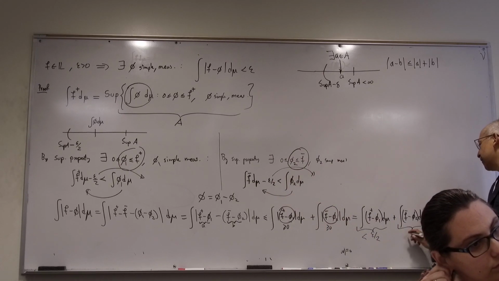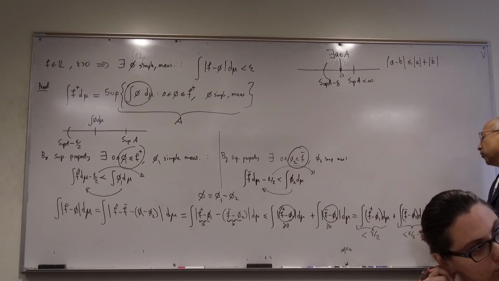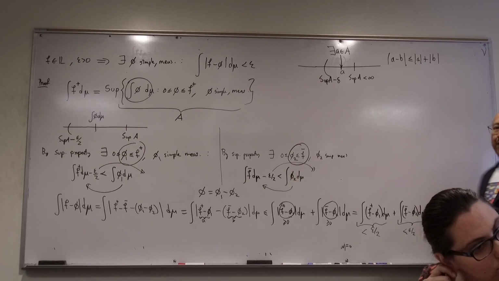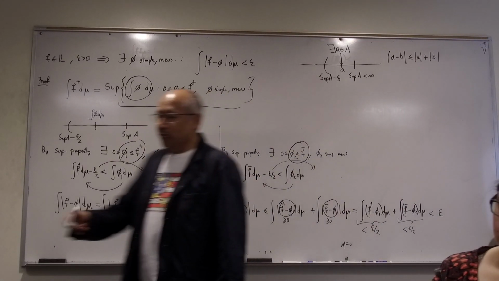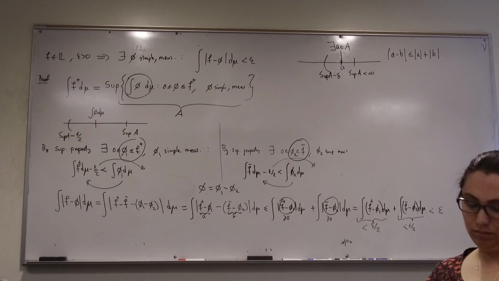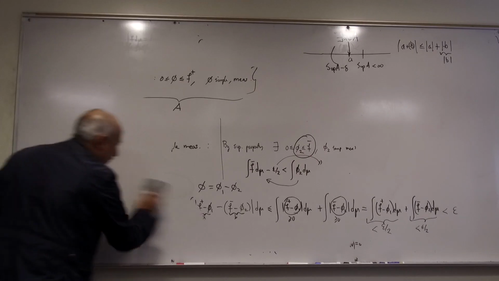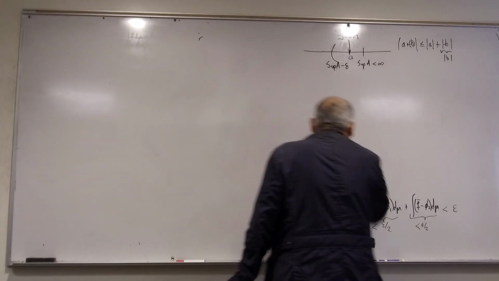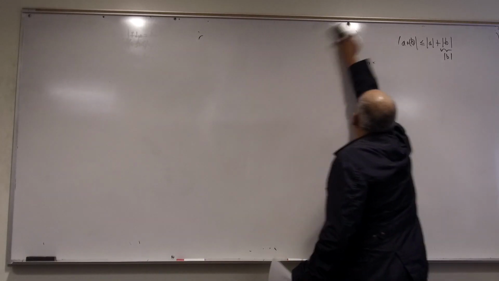So this quantity is less than epsilon over 2. Conclusion, the whole thing is less than epsilon. Now you have time to write, but try to not look, and if you cannot, then you look at it, okay guys? I'm giving you time for sure to write. All right. That's the weak epsilon number 2 proof.